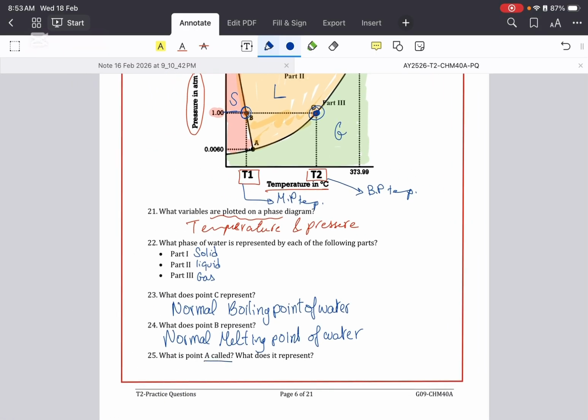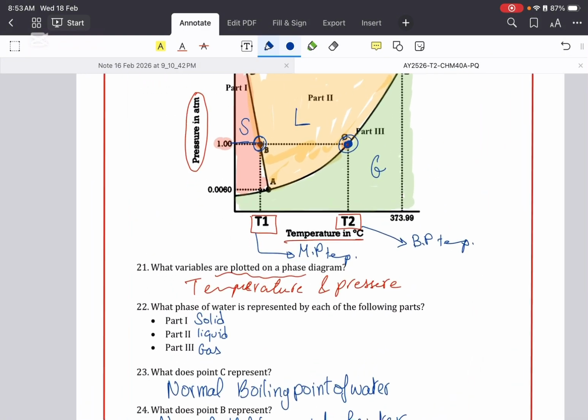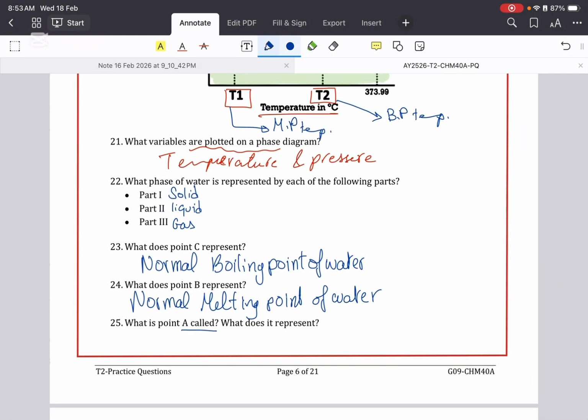What is point A called and what does it represent? A is the triple point. It is the point where I have the three phases existing together.